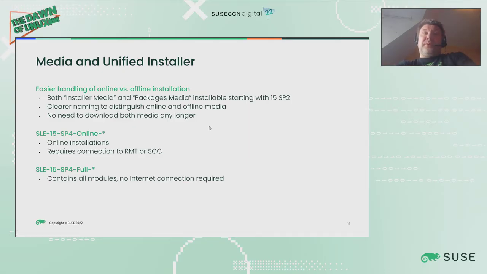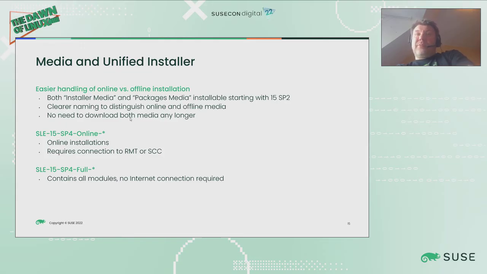Let's talk about media and the unified installer. We have actually two major ways you can use the unified installer. One is online, and it's a really small condensed installer that will download everything as you go, as needed, but it requires a connection to SCC or RMT.